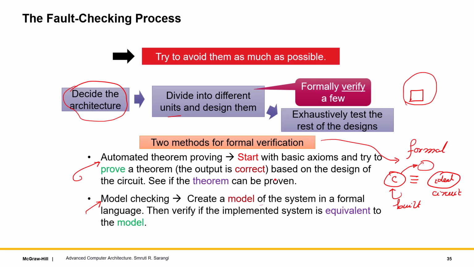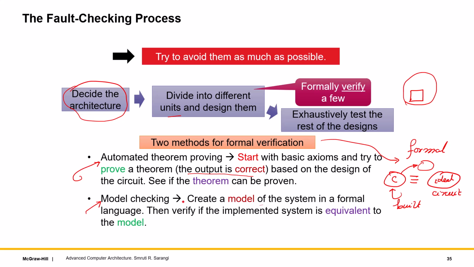So this would be a better way of putting it: using known basic axioms, I try to prove a theorem. What is the theorem? The theorem is that the output is correct. What that means is that for the output that this circuit under test is producing, certain properties hold, and these set of properties are sufficient to infer correctness.